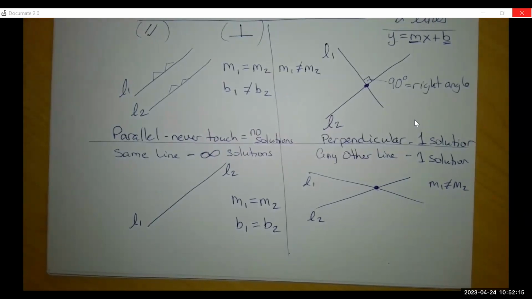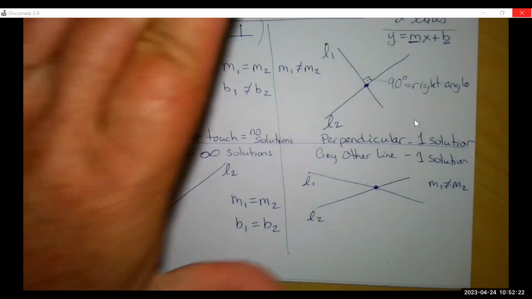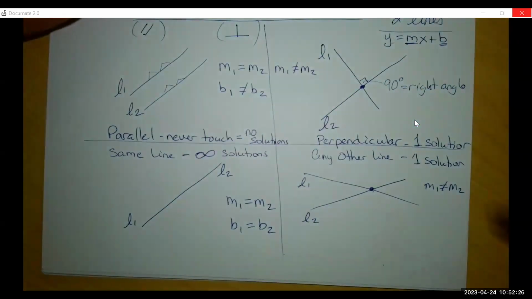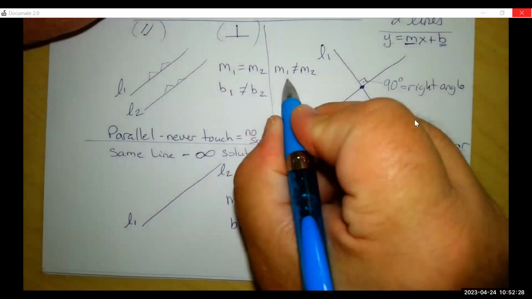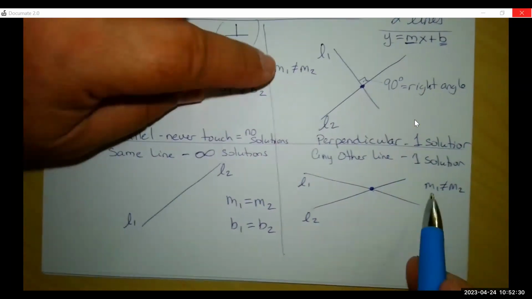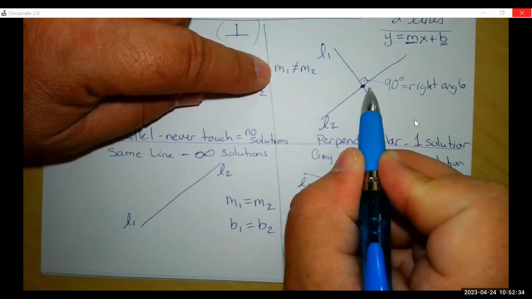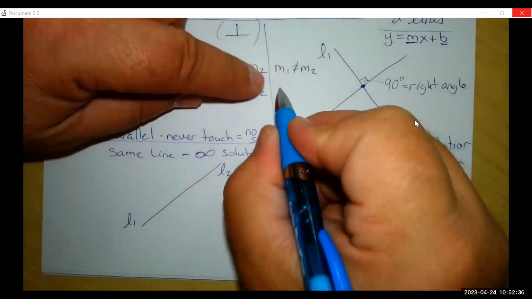So what differentiates them? How do you know which one's which? If the slopes are the same, it has to be one of these. If the slopes are different, it has to be one of these. What tells these two apart? They both have different slopes. This slope has a unique difference.